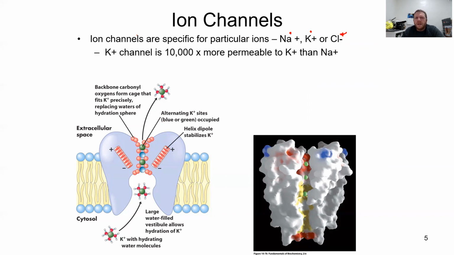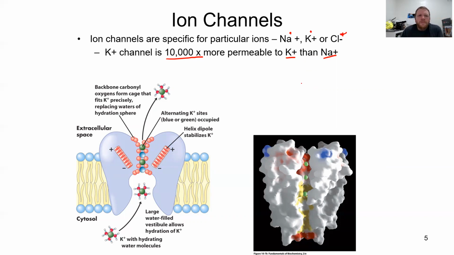So potassium channels are 10,000 times more permeable to potassium than to sodium. Will a potassium channel move sodium across? It will, but it's going to be less likely to move it across.